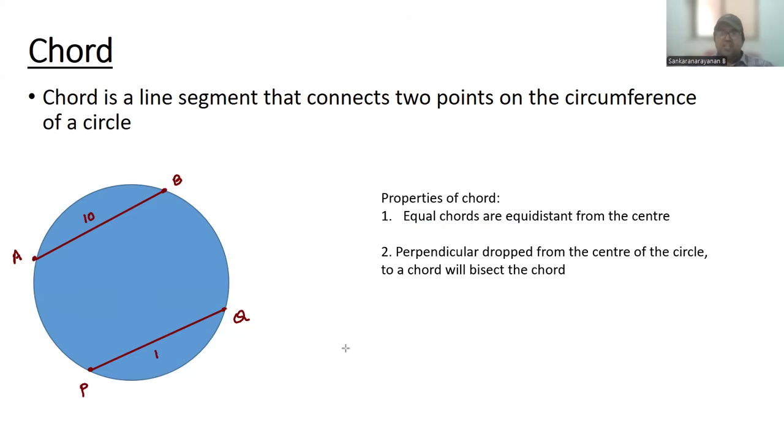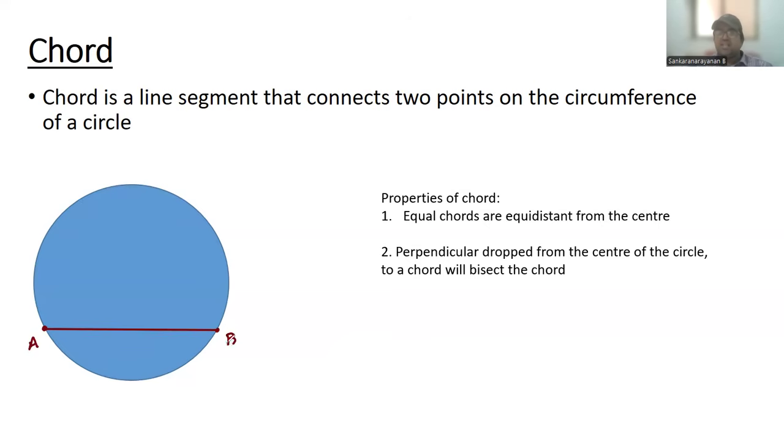Now the next property that you have to deal with: the perpendicular dropped from the center of the circle to a chord will bisect the chord. So what does this mean? Here let me consider a chord, say AB, like what you see here. This point A is lying along the circumference of the circle.